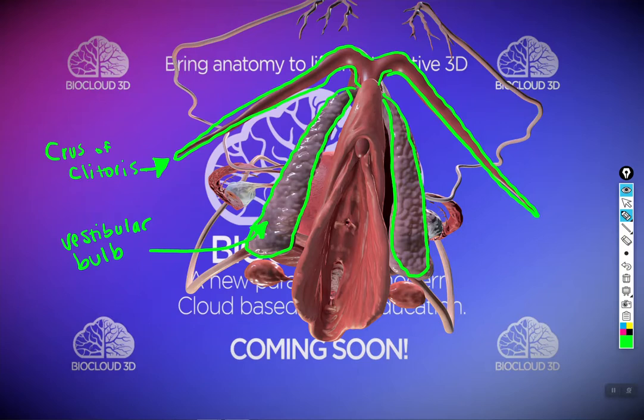All right, so now let's move a little bit downward. There's the vestibular bulb, and vestibular refers to the vestibule, which is this little pelvic floor area. But we've also got the vestibular glands, which there's one per side. So they're not the same thing as the bulb.